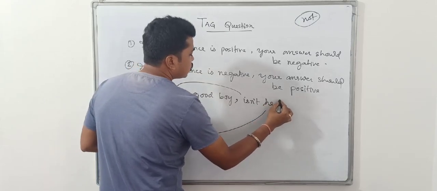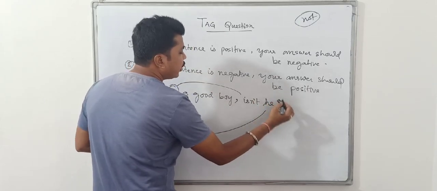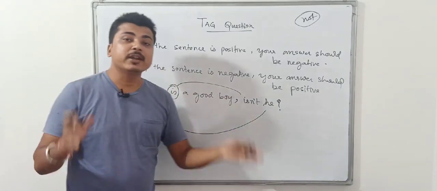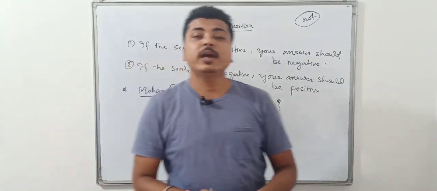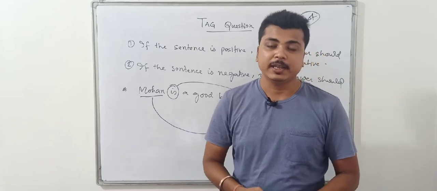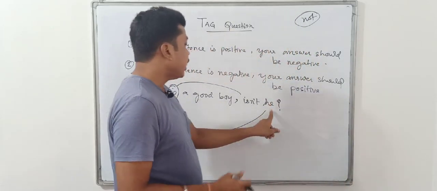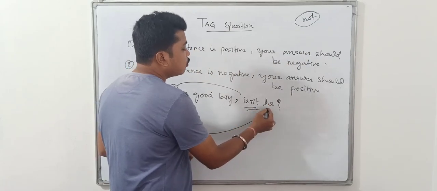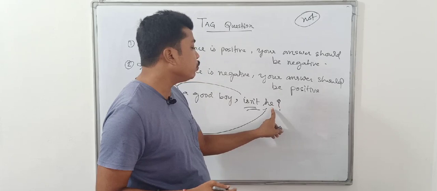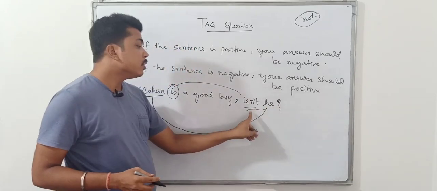He. So what idea we got after solving this question, that if our question is positive, our answer should be negative, and while writing the answer in negative form, we should always use the short form of it. Plus after the verb, we are always going to use the pronoun, okay.